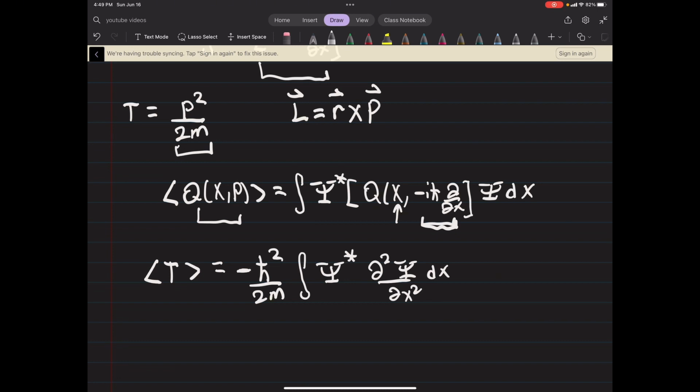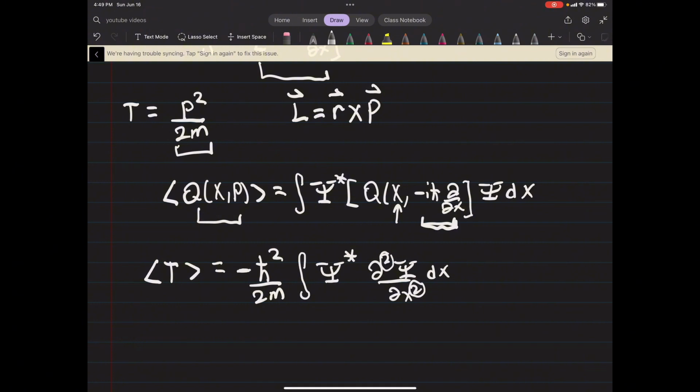And I know that seems a little weird because this isn't an exponent, but just know that with operators it works out okay. Maybe that's something we can show later. That was something that confused me at first, but it does work out that way. Okay, and that is all of 1.5.